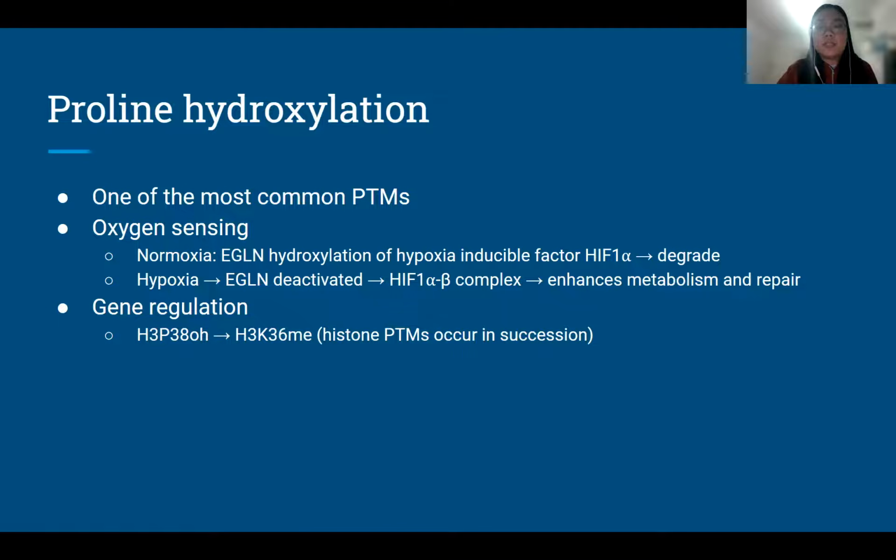The paper did mention that it's quite challenging to assess proline hydroxylation, so basically it is not really commonly studied because of technical reasons.